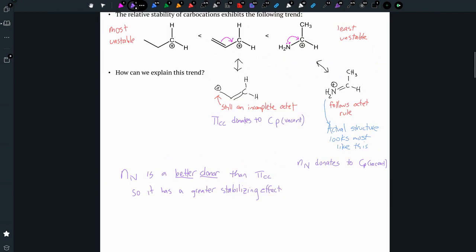So I think this discussion is really one that you could have understood after the very first module, where we just introduced the rules about following the octet rule and minimizing formal charge. If we can follow the octet rule, that's going to be better than not following the octet rule.